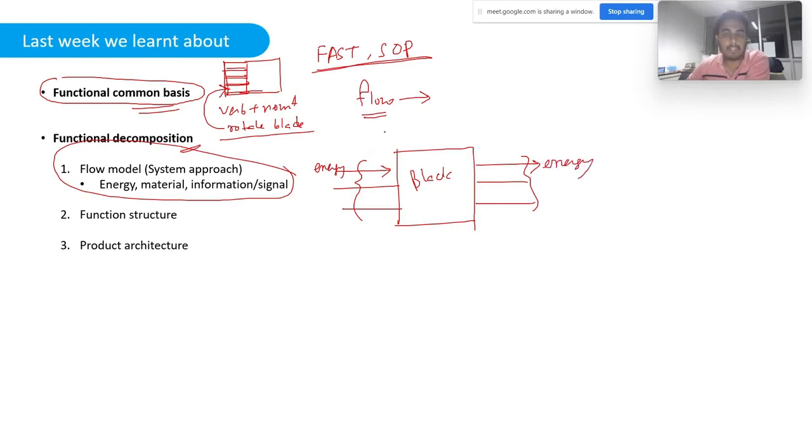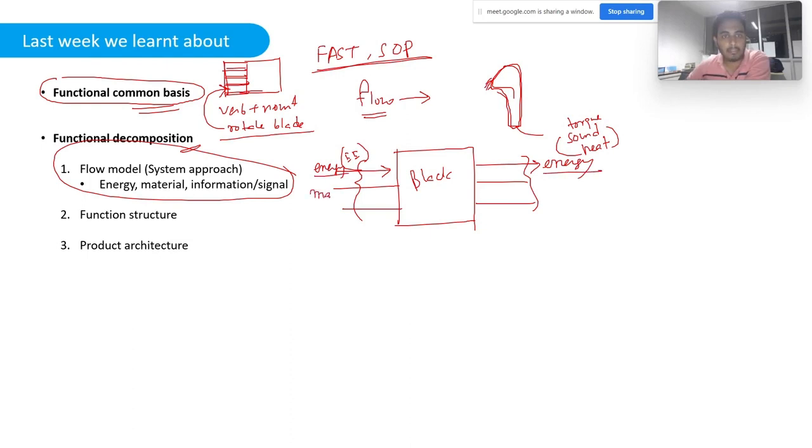For example, consider a product like an electric shaver. As input you give electrical energy, and as output you generate some sort of mechanical or sound energy: vibrational sound energy, heat, and the torque that is used for cutting the beard. Those are the forms of energy we can get as output.